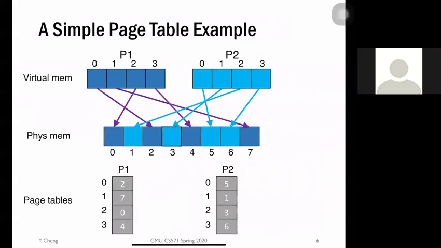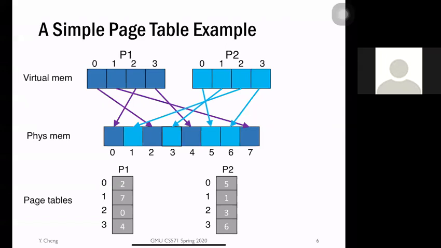Okay, but why is that? As you can see, within either P1's virtual address or P2's virtual address, they are having exactly the same set of virtual page numbers, right? Ranging from virtual page 0 all the way to virtual page number 3.